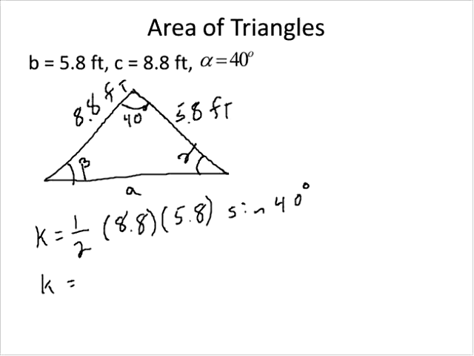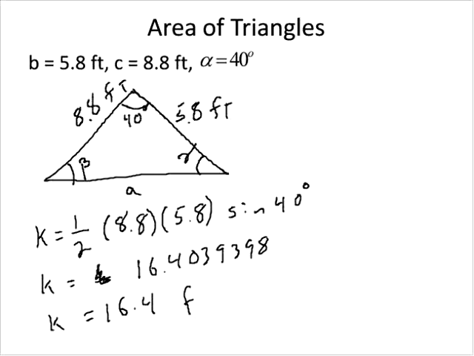When I plug that into my calculator, I think I get 16.403998. So we'll round that off to 1/10. So I'll say this is 16.4. Now we were in feet, so this is feet squared, square feet. Okay? So our area of our triangle is 16.4 square feet.